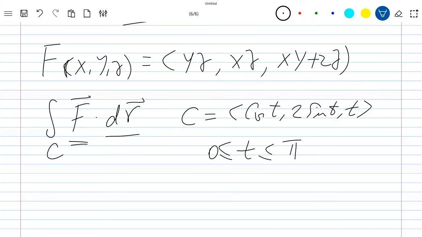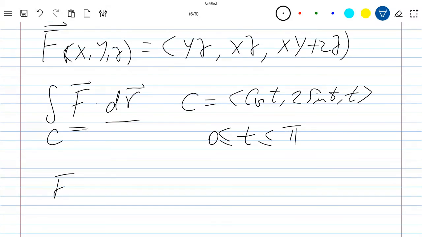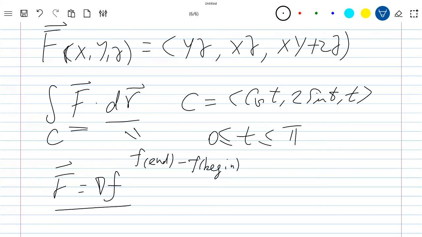However, we can do it in an easier way, because if you notice, this f is a potential field. Then this integral just becomes f at the end minus f at the beginning, right? f end minus f start. So let's check if it's the case. Okay, if it's the case, then it's much easier.